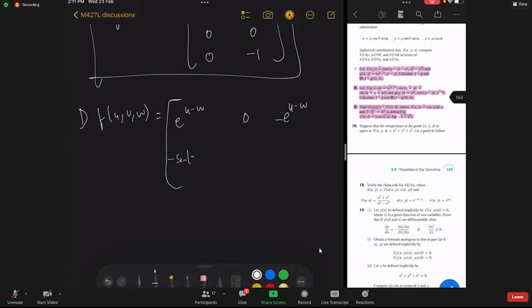We'll have minus sine of v plus u, plus cos of u plus v plus w. This is one term. The second term here is minus sine of v plus u plus cos of u plus v plus w. And the third term is just cos of u plus v plus w.